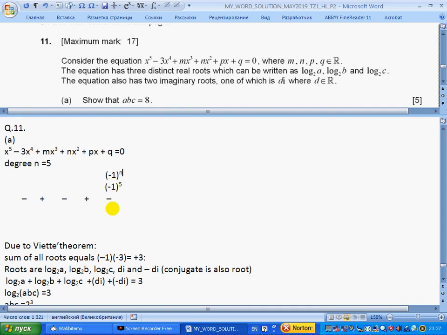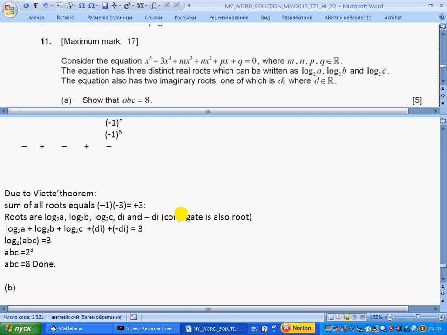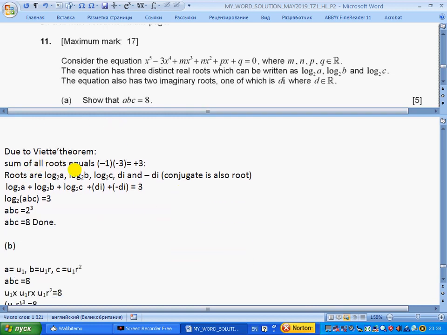It means that sum, if we go minus plus minus plus minus, the sum should be equal to minus minus 3, which is 3. So due to Vieta's theorem, sum of all roots equals 3. So if one root is di, another is minus di, conjugate. So we put everything here. Then we use property of logarithm, and then we find that ABC is 8. So this part A is done.